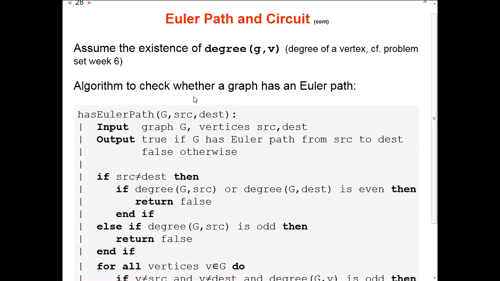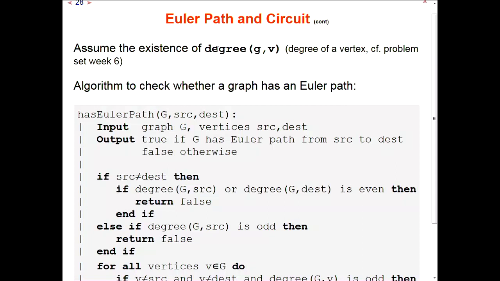What it does require is the existence of a function that determines the degree of a vertex in a graph. If you have done your homework diligently, you would have implemented a program last week which was asking you to compute the degree of every vertex in a graph.